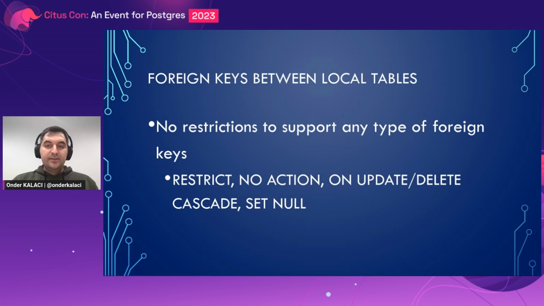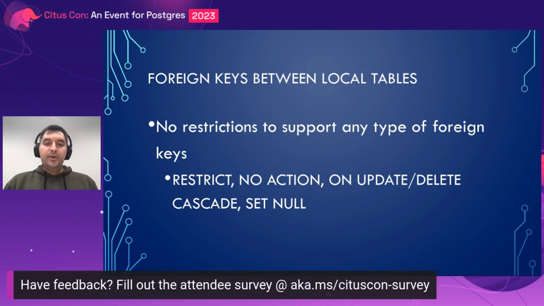Okay, so now let's get into foreign keys. Because we have these different types of tables, let's discuss the trade-offs and the limitations of foreign keys between these table types. When we talk about foreign keys between local tables, there are really no limitations, because all the data for all local tables resides on the coordinator.